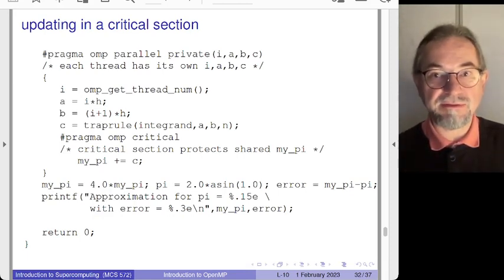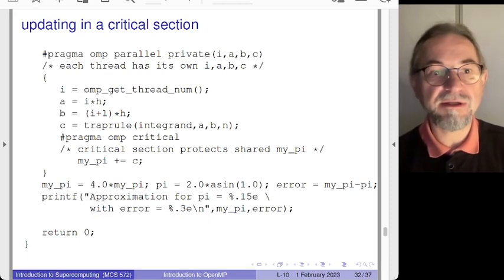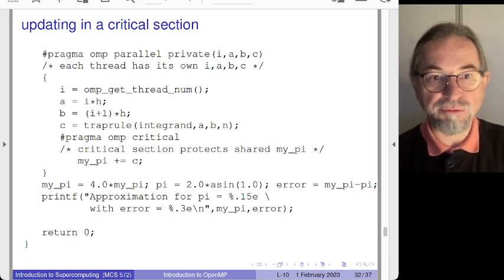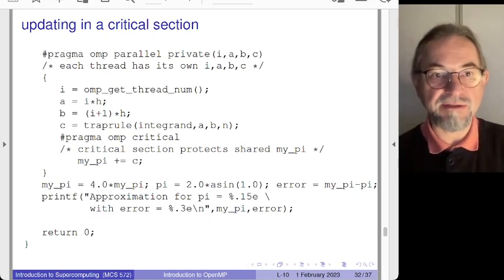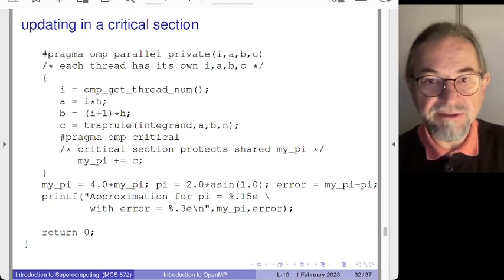So you would think that you shouldn't have an inconsistency in your data. The critical section actually protects this. It protects against both threads having access to that shared variable at the same time. Okay, so that is essentially it.